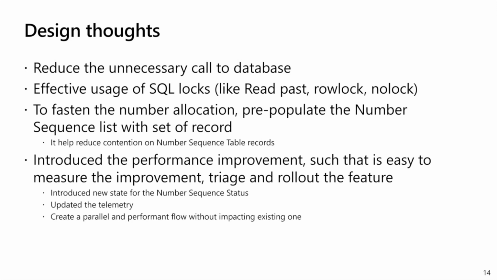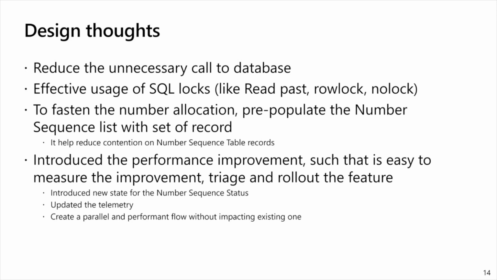The second one was we noticed that we could effectively use the SQL locks, especially the read past lock and no lock, while reading the particular data so that we can perform the operation without blocking, and take a row lock while performing any update operation on a particular record to change the status, or delete, or reuse the number by changing the state.